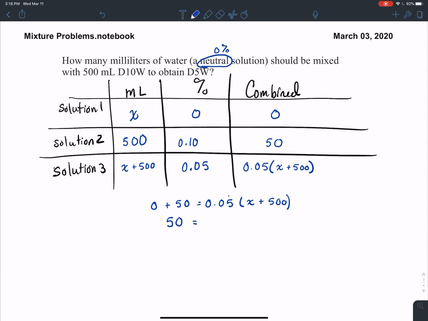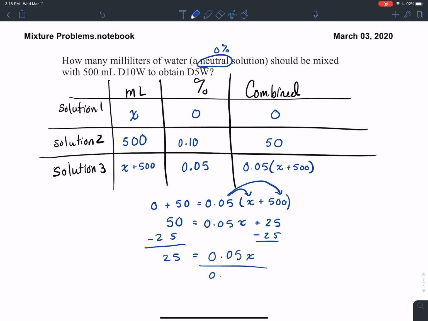On my right-hand side, I need to get rid of the parentheses. To get rid of parentheses, I distribute. So I'm going to have 0.05x plus 25. I undo addition with subtraction, so I'll subtract 25 from both sides. That gives me 25 equals 0.05x.